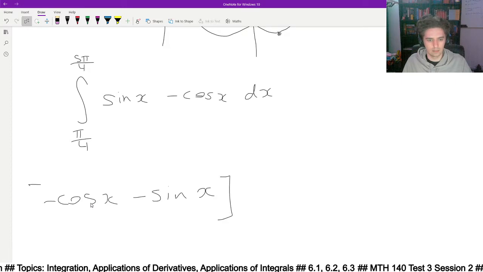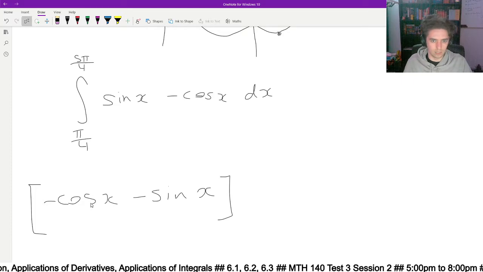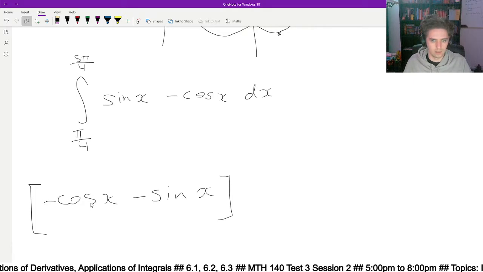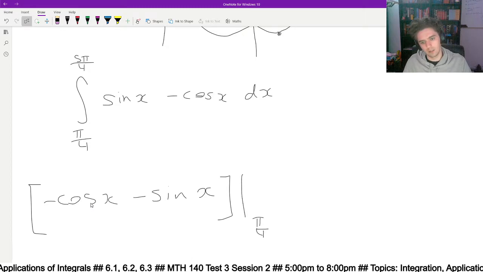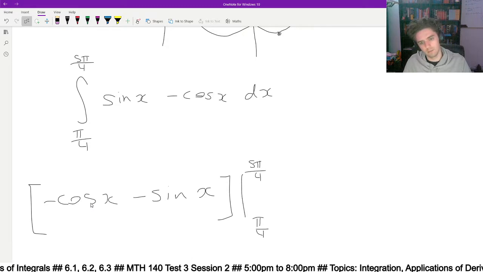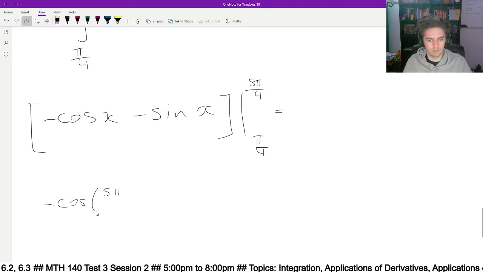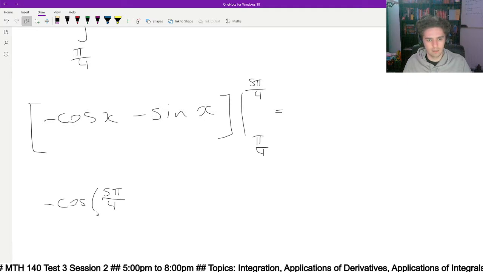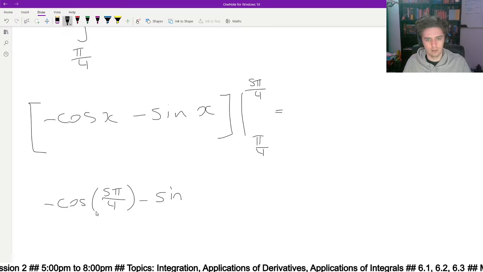So negative cos x, negative sine x is, oh no, I did that backwards. No, that's right, never mind. From pi over 4 to 5 pi over 4. I evaluate it: it's negative cos of 5 pi over 4 minus sine. It'll be 0.